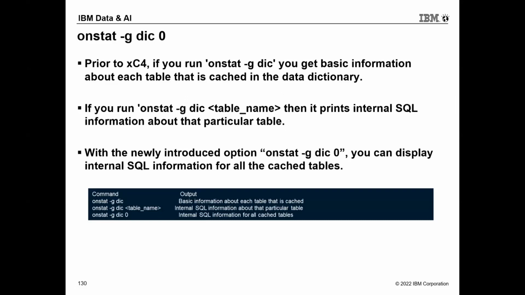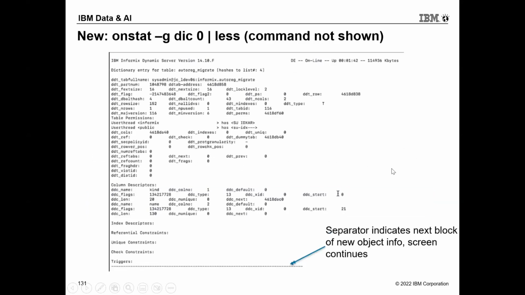With the newly introduced option onstat -g dic0, you can display internal SQL information for all of the cached tables. Some of the sample possibilities are here on the screen. So onstat -g dic0 piped through less, that's what it looks like. Quite a bit of information.